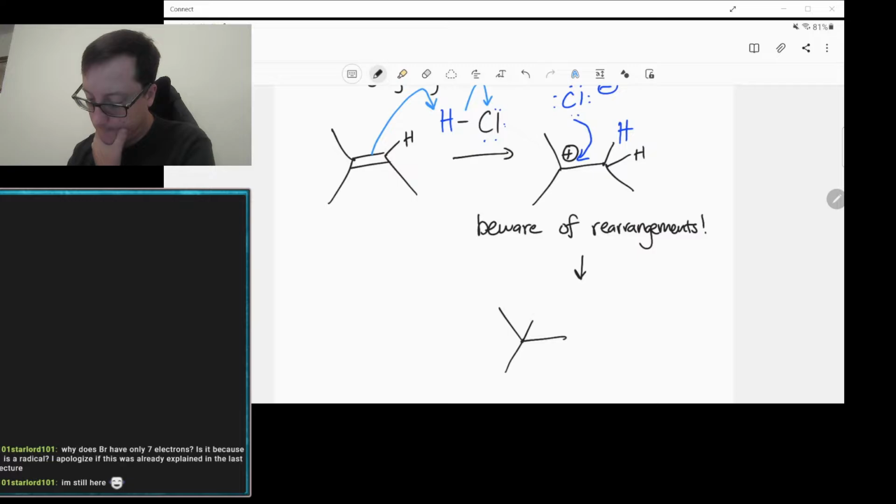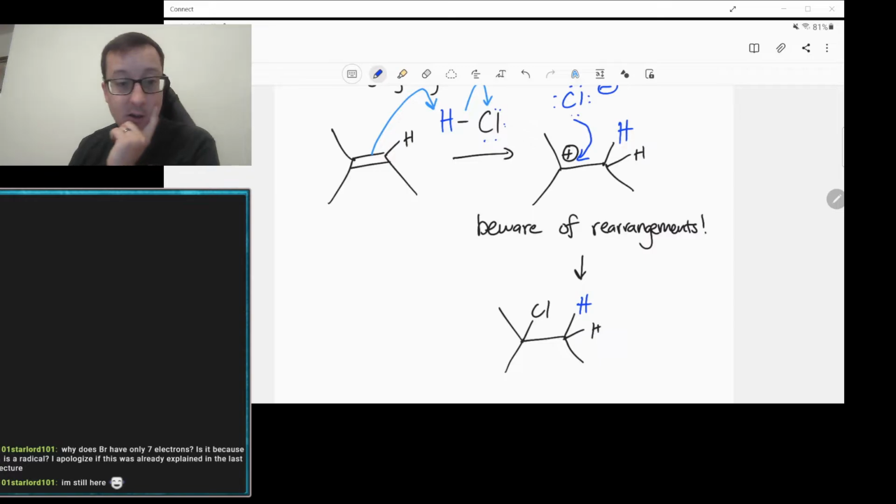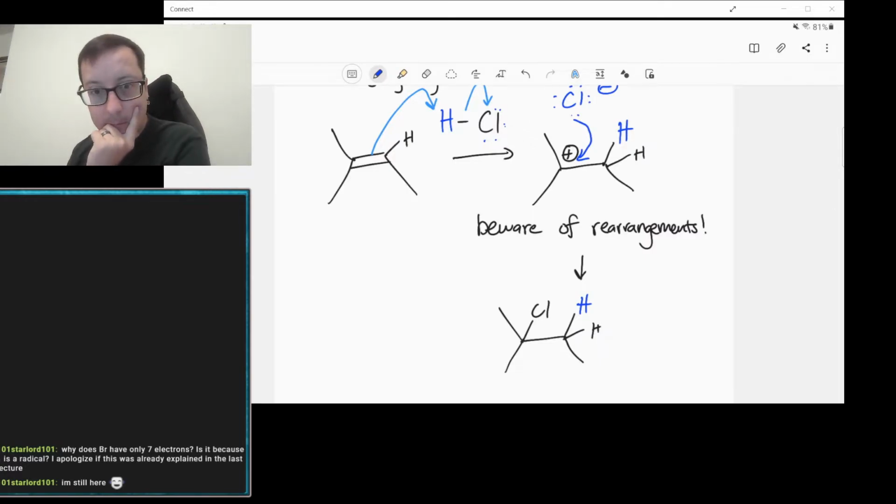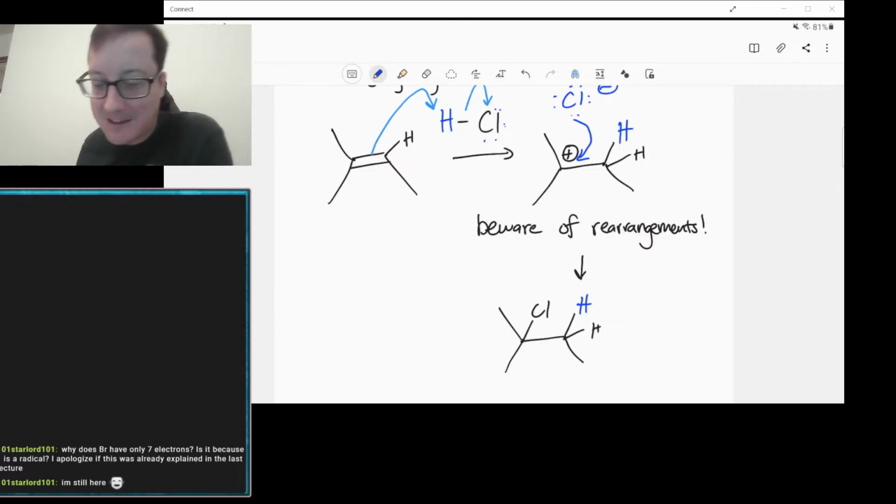leading to the following product. So we've added one H and one Cl to our original molecule. So notice we started with a pi bond and a sigma bond, and we have made 2 new sigma bonds.